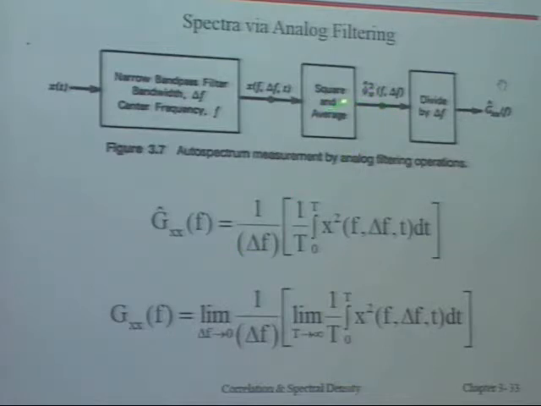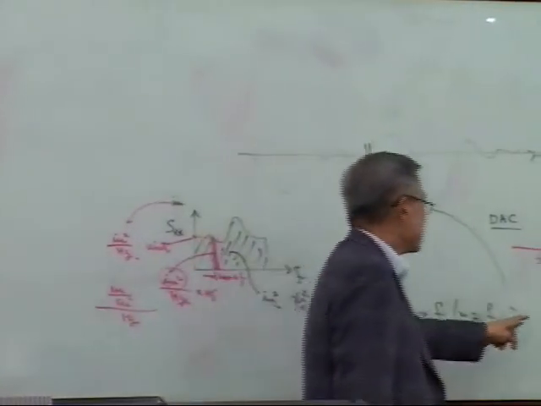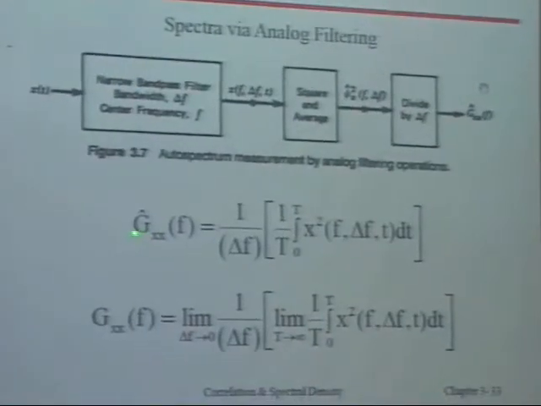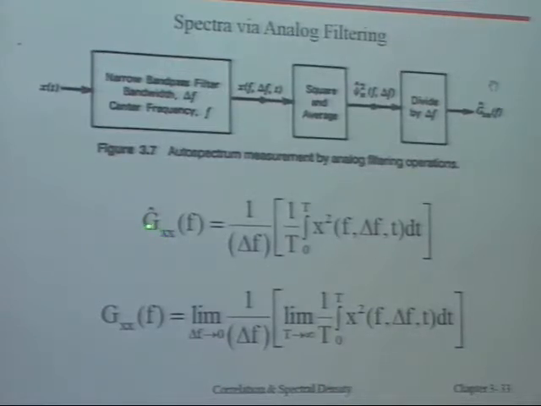When you average it, you have a mean square value. For every filter, you square it, then divide by the delta F. Then you get the estimate of the spectral density function.